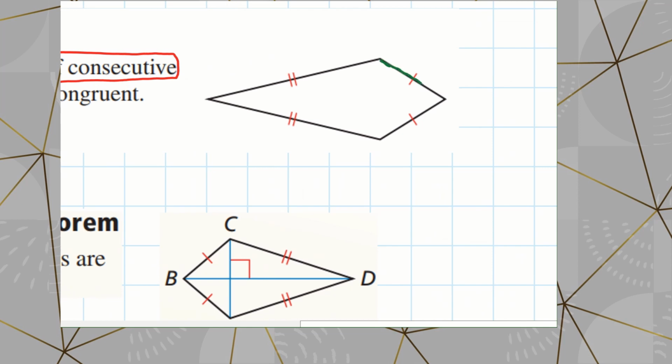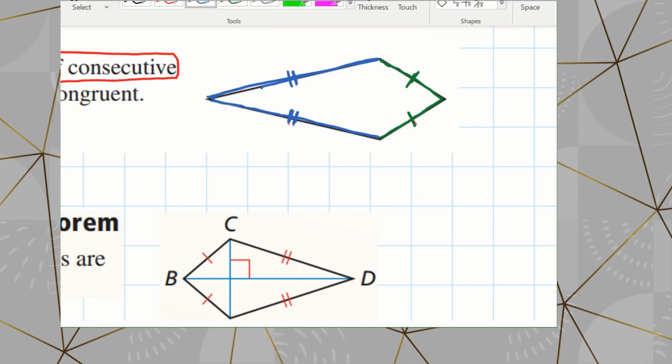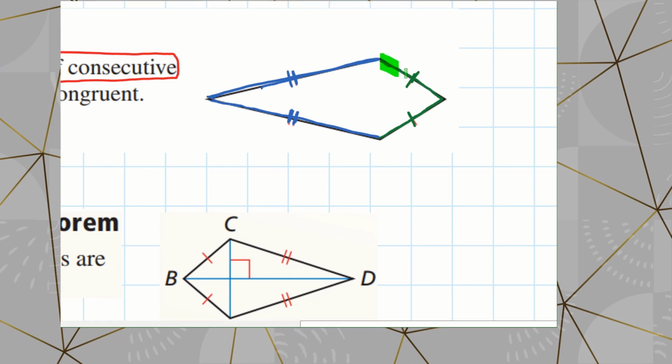So let's look at the diagram here to visualize what the definition is saying. So here's a kite. With kites, we don't have parallel sides. I'm going to go ahead and outline one of the pairs that are going to be congruent, which are the ones that I did in green, and then the other pair of sides will be congruent.